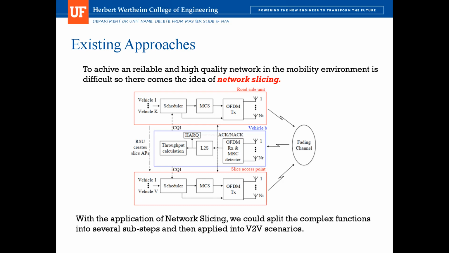The network slicing diagram is shown here, and with the application of network slicing, we could split the complex functions into several sub-steps and then apply them to V2V scenarios. Actually, using network slicing, we could split the physical network into several virtual networks. It could reduce the pressure on the network and supply pretty good services to multiple users.